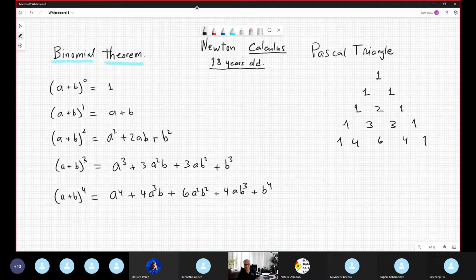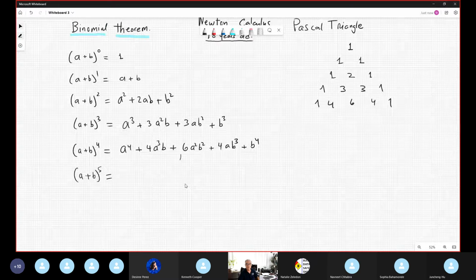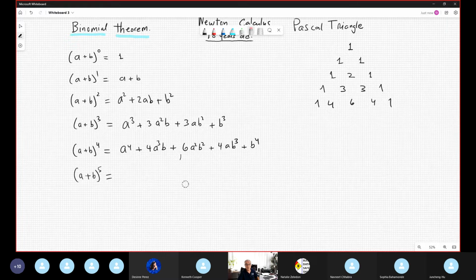Because I now want to predict what happens in the fifth power. And why not in the sixth power? Number one, you see in the fourth power we have 1, 2, 3, 4, and 5 terms. In the cube we have 1, 2, 3, 4. So we have one more.